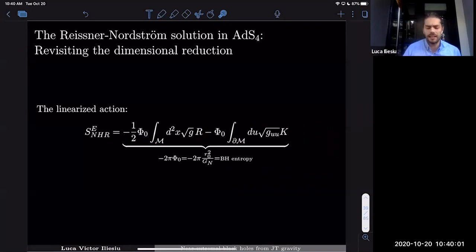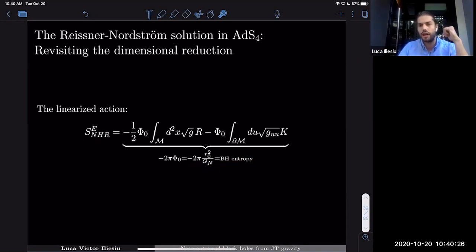And since we're studying disks, the Euler characteristic just gives us a factor of 2 pi. So overall, the contribution of the first term just gives us a factor of 2 pi times R0 squared divided by G Newton, which precisely matches the black hole entropy.